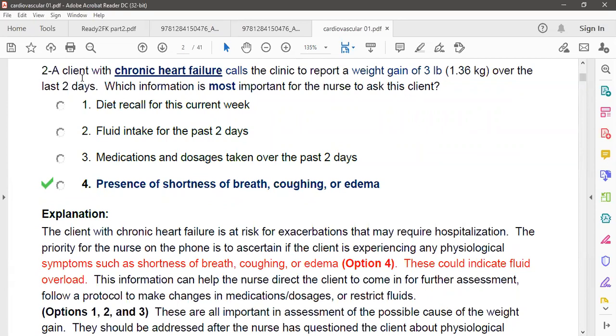A client with chronic heart failure calls the clinic to report a weight gain of 3 pounds. For any patient with heart failure or congestive heart failure, weight gain is not a good sign. Weight gain is a bad sign because it indicates fluid retention in the body.